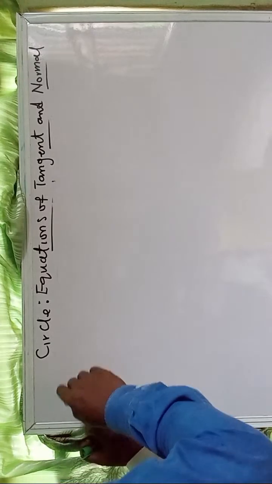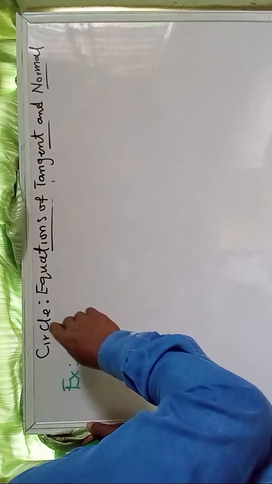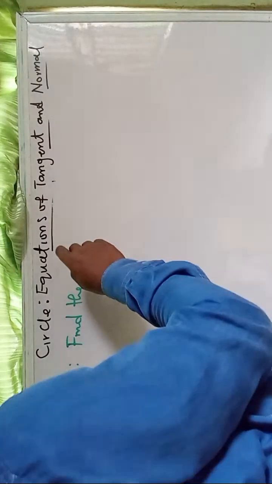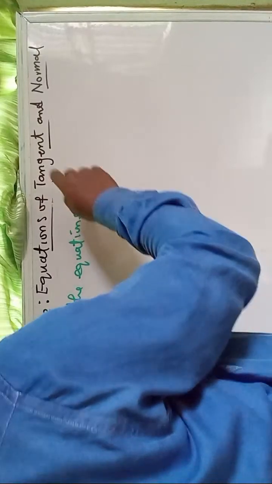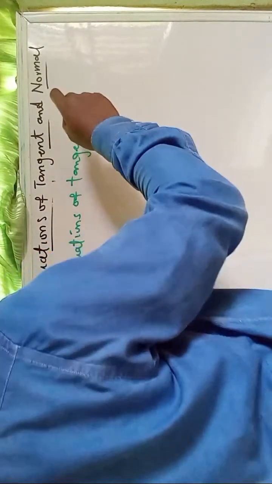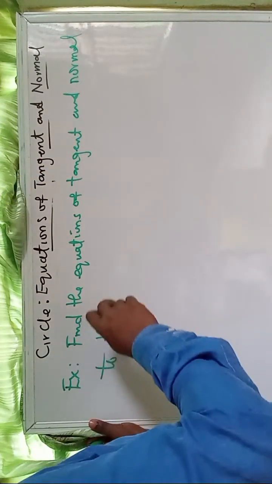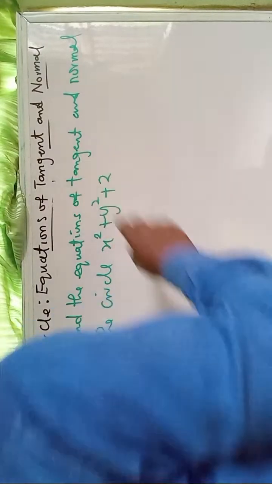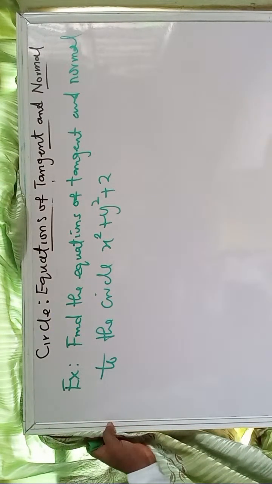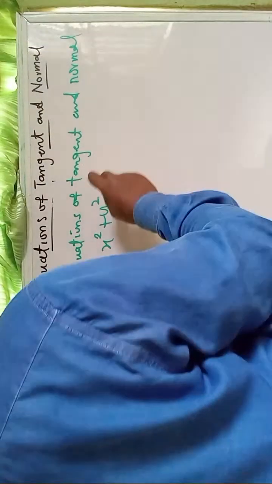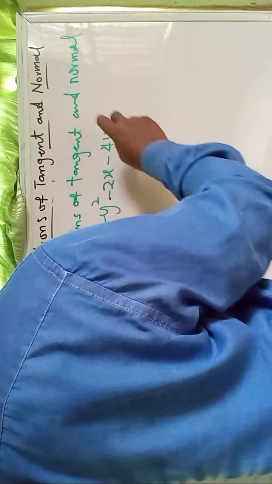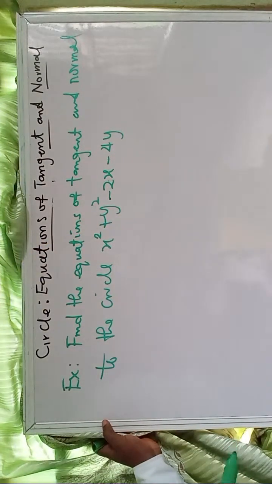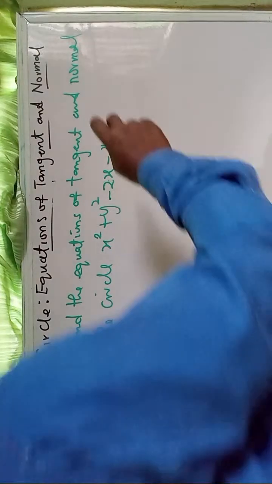Example: find the equations of tangent and normal to a circle x squared plus y squared minus 2x minus 4y minus 4 equals 0.